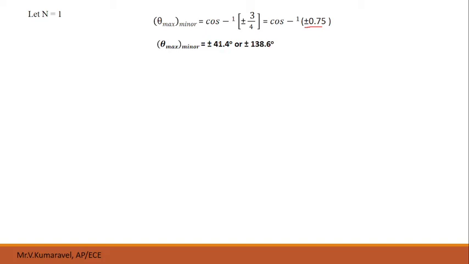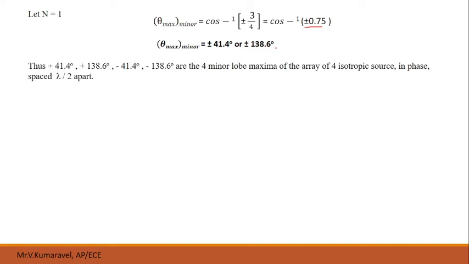Similarly, the same value we have for minus 41.4 and minus 138.6. Therefore, from the above resultant values, we will have 4 minor lobe maxima at 41.4 degree, 138.6 degree, minus 41.4 degree, and minus 138.6 degree.